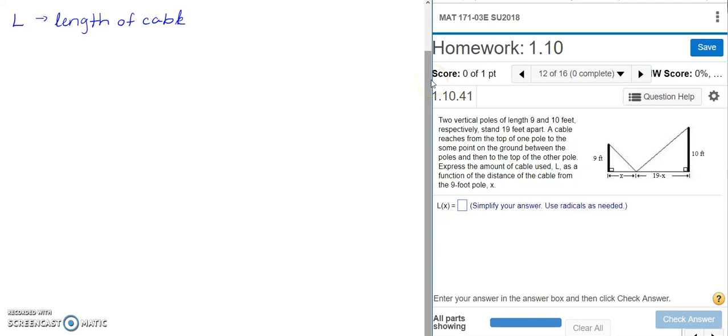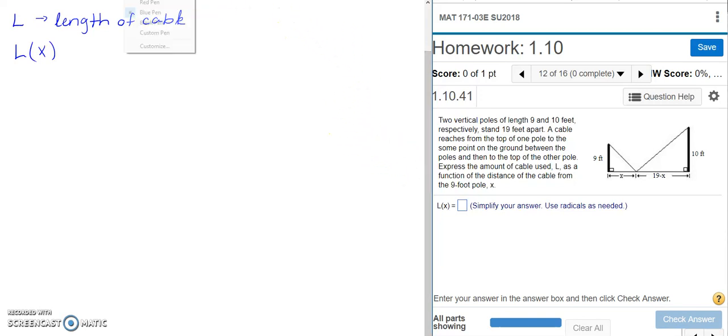They want the total length as a function of x. So it's going to be L using x. That's why they have L of x here. So I'm not going to have to type L of x, it's already here. So I need to figure out this length and this length and add them together because I need the total length.